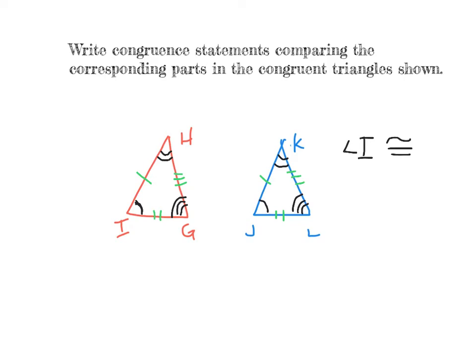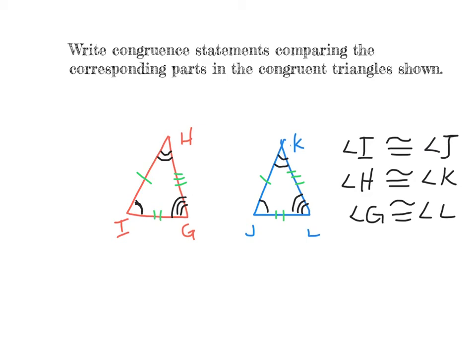Angle I is congruent to angle J. That is a congruent statement. So I'm going to write that for all of my angles. Angle H is congruent with angle K. Angle G is congruent with angle L. I would do that for all of my angles, and then I also need to do it for all of my sides.